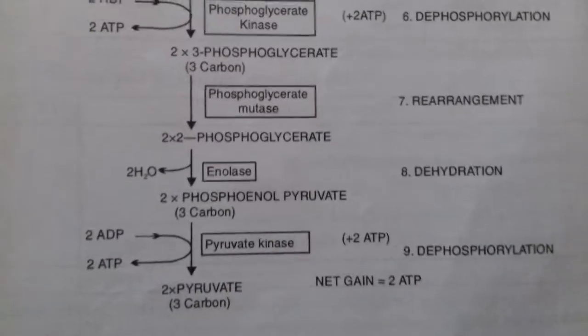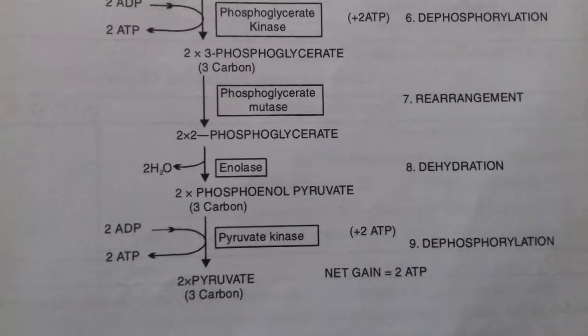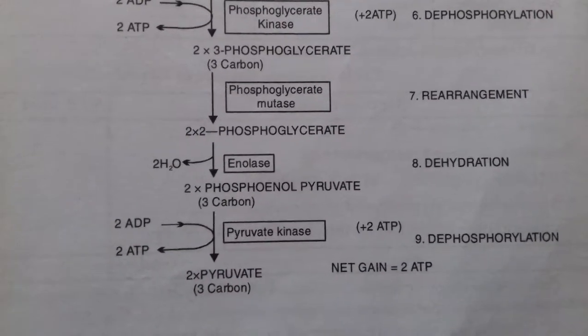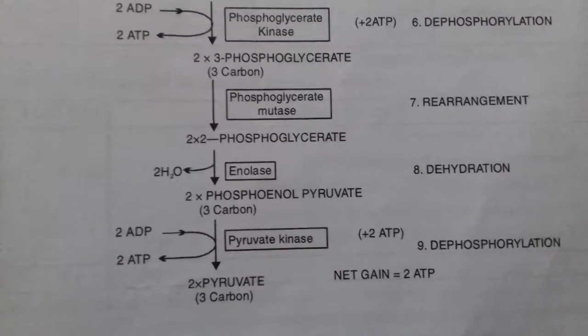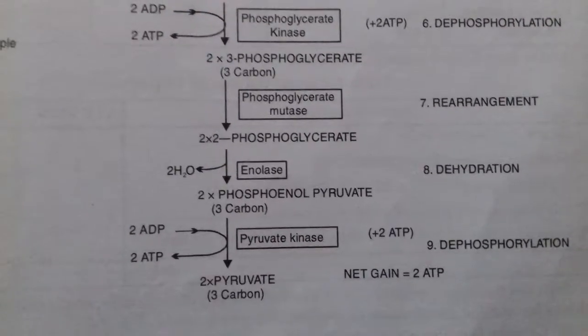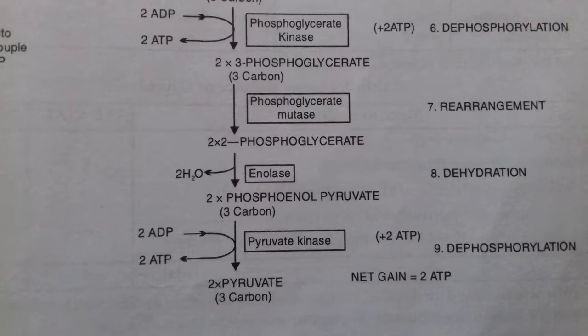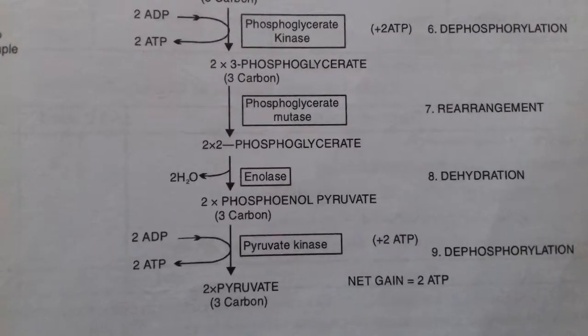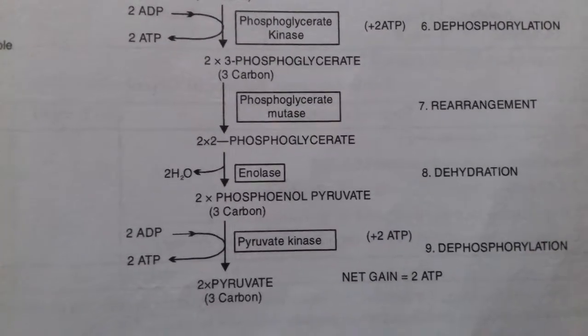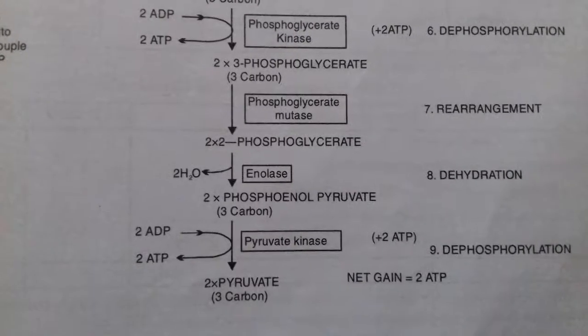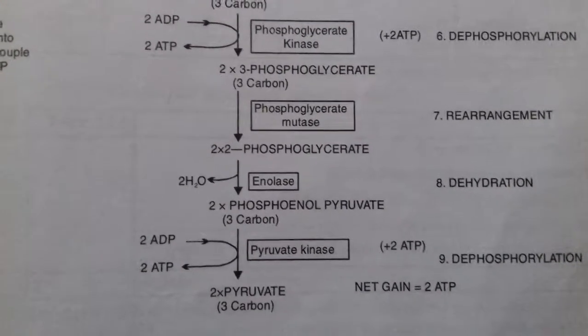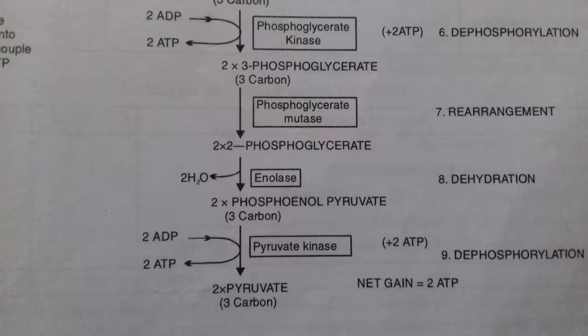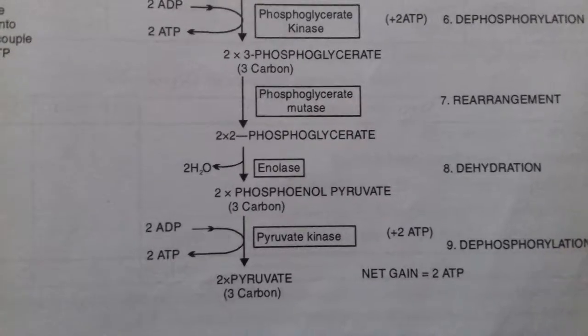So the phosphoenolpyruvate will be converted into 2 pyruvate in the presence of pyruvate kinase. 2 ADP will take their phosphates to become 2 ATP. Net gain will be 2 ATP. In this dephosphorylation process, the phosphoenolpyruvate will be converted into pyruvate, which is its main goal.